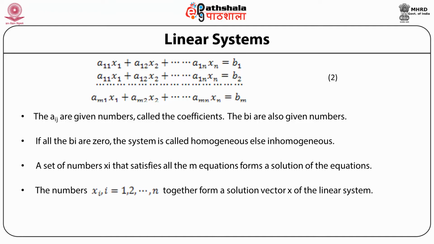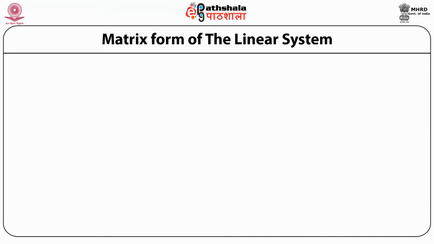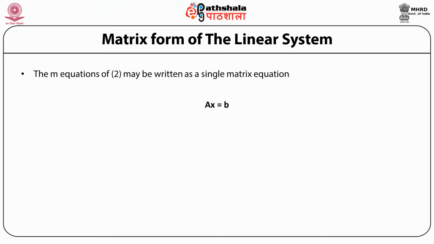The numbers xi, where i takes values from 1 to n, together form a solution vector x of the linear system. A homogeneous system always has at least one solution, which is the trivial solution x equal to 0.